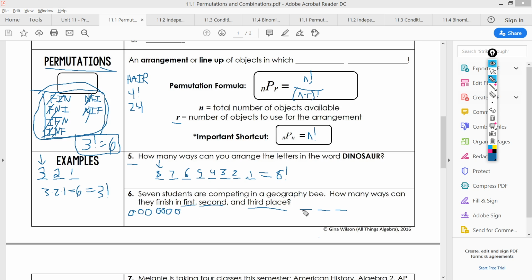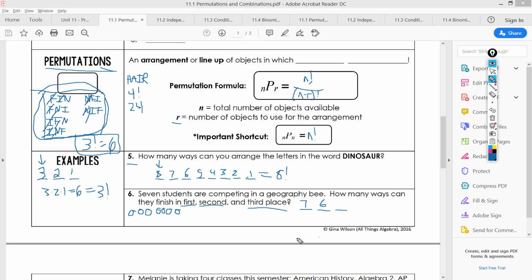If I go in order, how many students can get first place? 7 of them can get first place, right? But once I've picked one of them for first place, how many are left for second place? There are only 6.